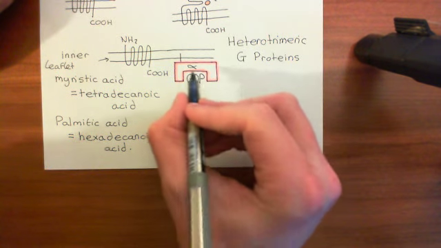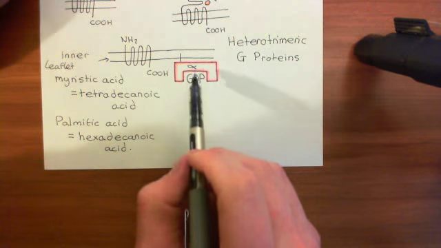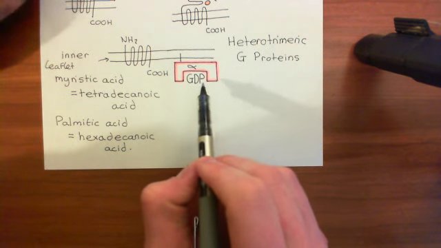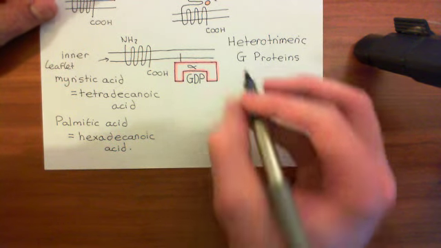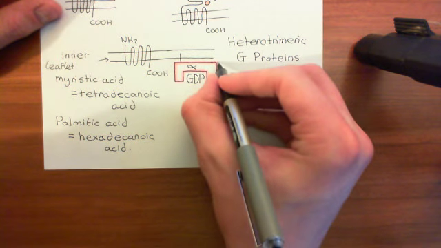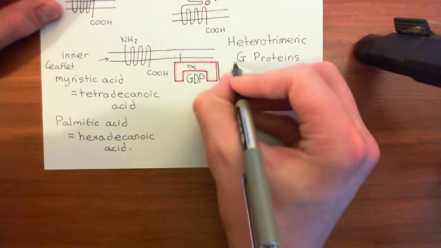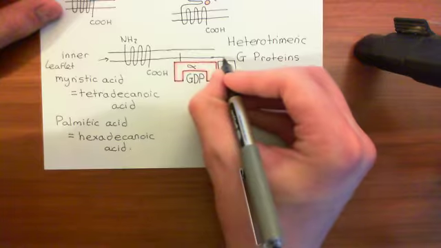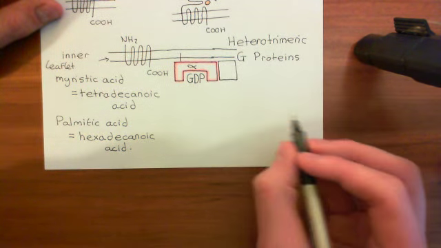Now, that's not the only subunit of a heterotrimeric G protein. When the alpha subunit is in the off state, it can associate with two other subunits of heterotrimeric G proteins, and these two never break apart. So I'll draw these two here. After all, it is a three-membered complex.